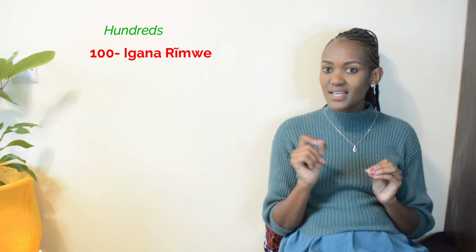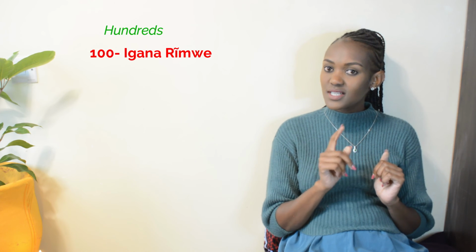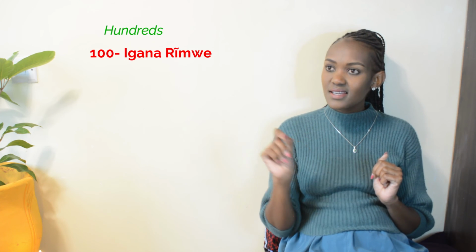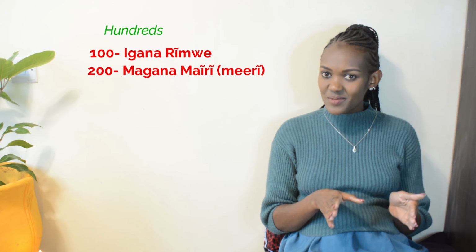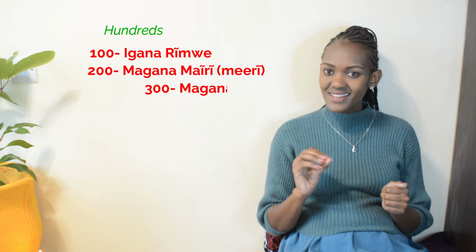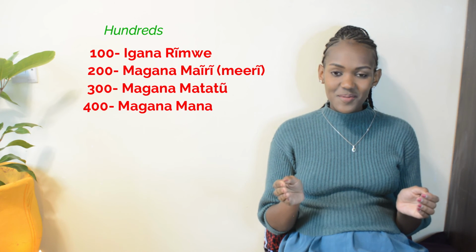Remember we said ituda remwe. So igana will also be remwe because it starts with i. Igana rere remwe. But when they are many, magana. Good. Maere, matato, mana, matano.